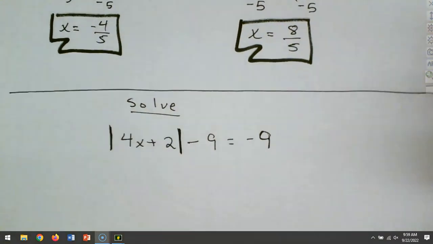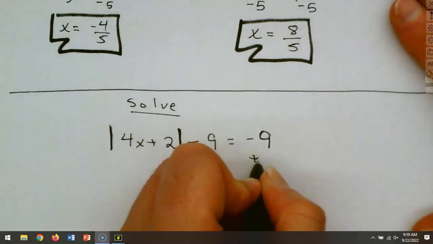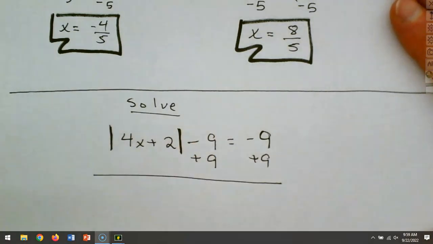Okay, what's the first thing I need to do? Before anything else is done, that 9 has to go away, be moved over. So I'm going to add that 9 to each side. So that's our step-by-step procedures. Get that absolute value by itself, okay, before we build our two equations.